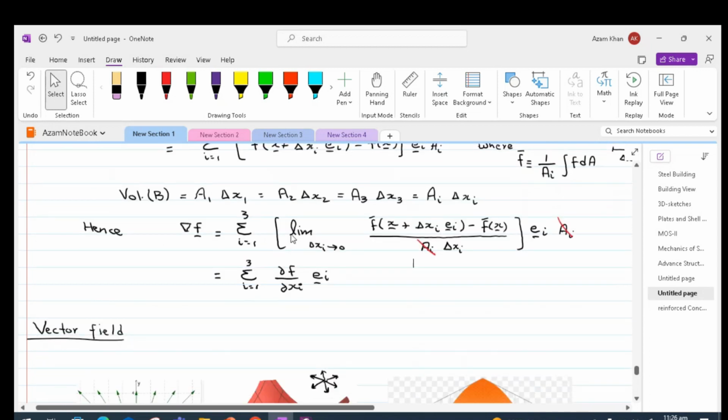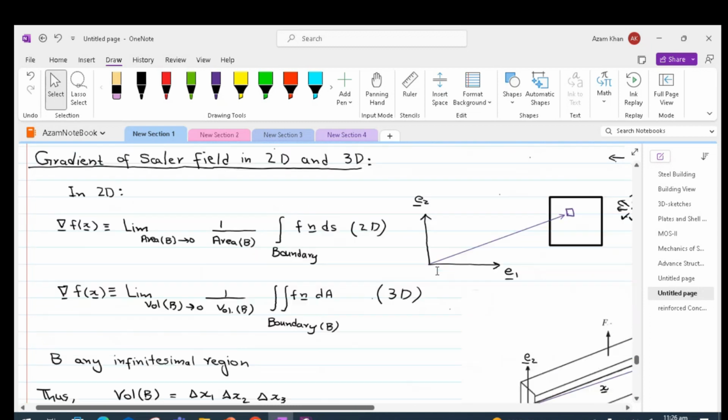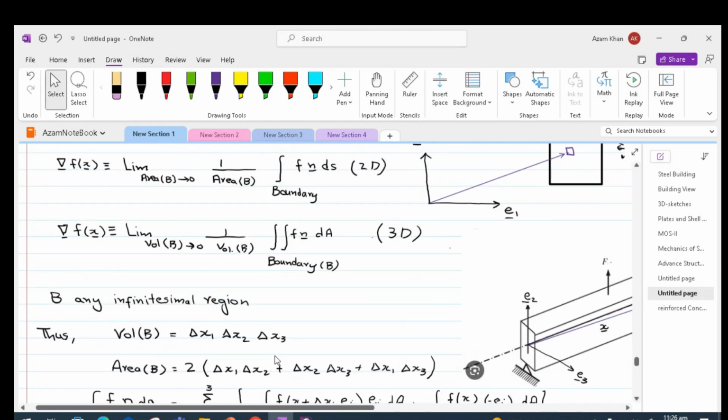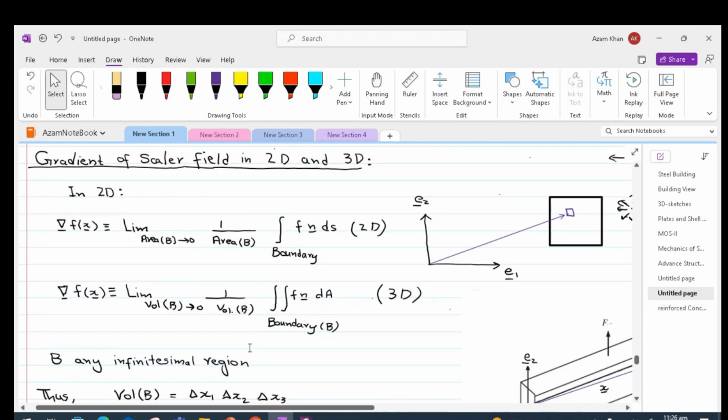That's why in the limit we have to make xi tend to 0. We get curly f by curly xi ei. And that is the definition of gradient which we described earlier. So in a similar way, we can work out the definition for 2D setting using the same procedure.